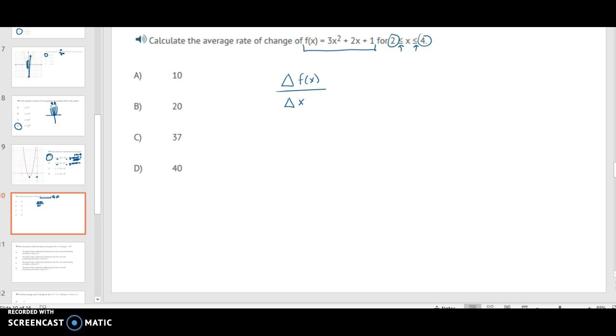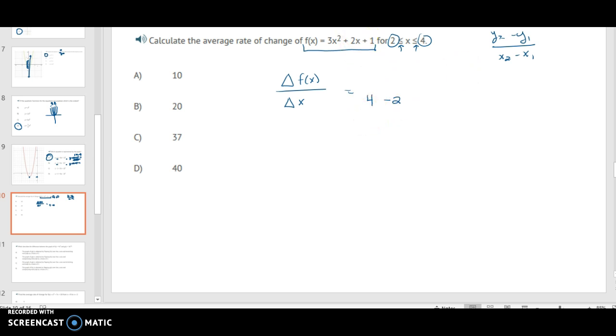All right, so we know our x values are 4 and 2, right? Because this is kind of like our x1 and x2, and so the slope formula has y2 minus y1 over x2 minus x1, so that's why the x2 goes first.